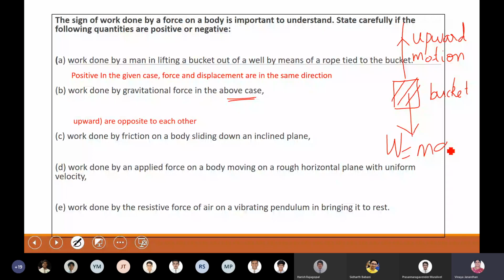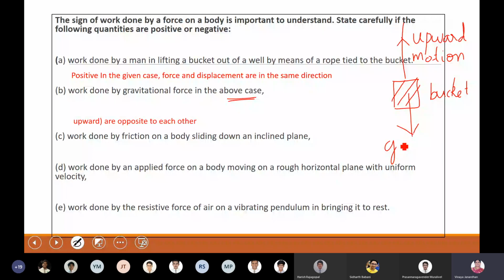Whether you stand or whether you sit, your weight, the force exerted by the earth on you, is your weight. So that is what we call the gravitational force. The earth is trying to pull you down equal to your own weight. So the gravitational force is going to act in the downward direction. I'll put this gravitational force.